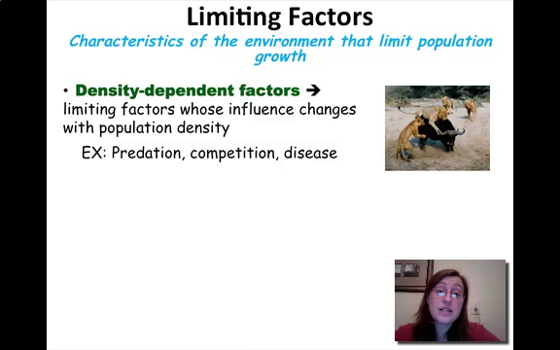In addition to that, when you cram a lot of individuals into an area, competition is going to be high, as well as disease is going to affect a population much more strongly when there are lots of individuals in a small area. So it literally depends on the density.